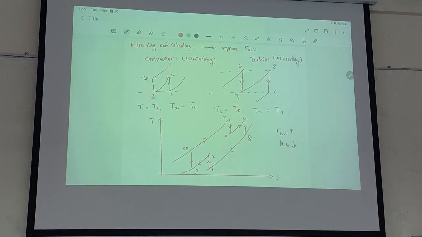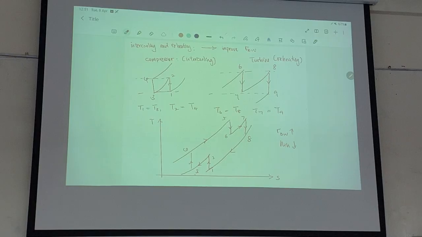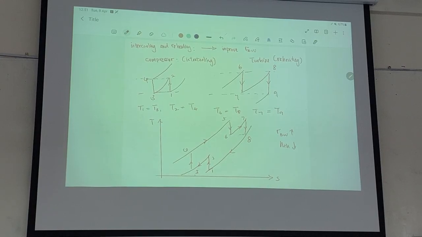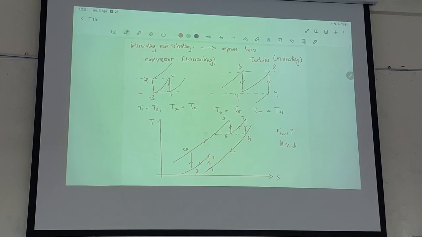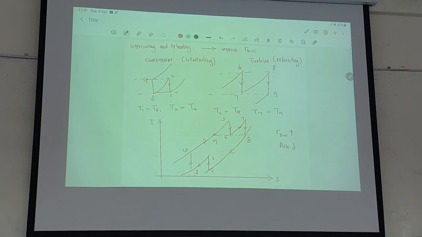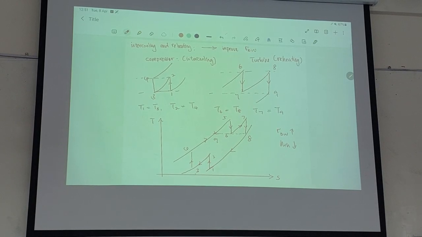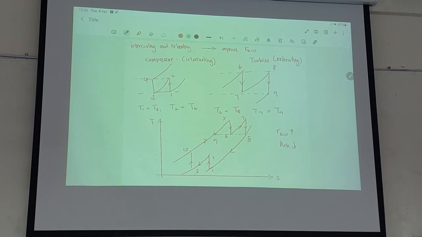So in order to counter this, we will usually add in a regeneration here. The numbers that I use here are slightly different from my notes because I use my own numbers. So we will also introduce regeneration in order to counter the drop in thermal efficiency.